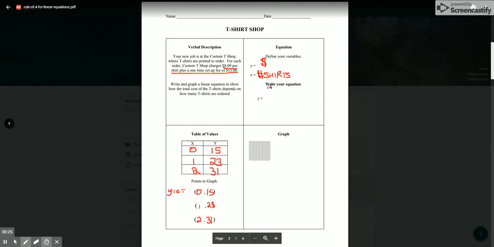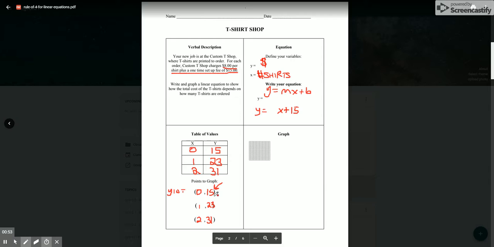And so in our slope-intercept equation, y equals mx plus b, the y portion of the y-intercept is our b. So we're going to have y equals whatever our slope is times x plus 15.